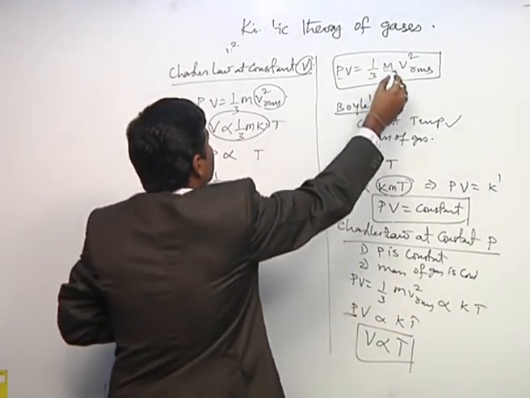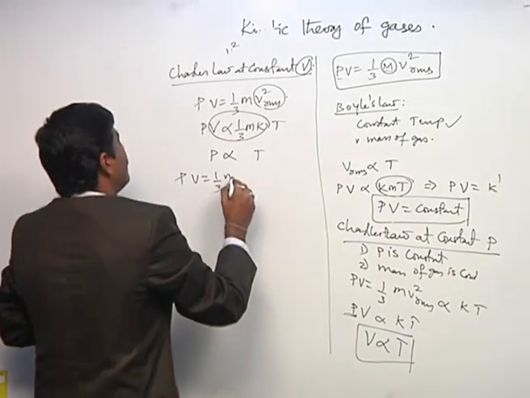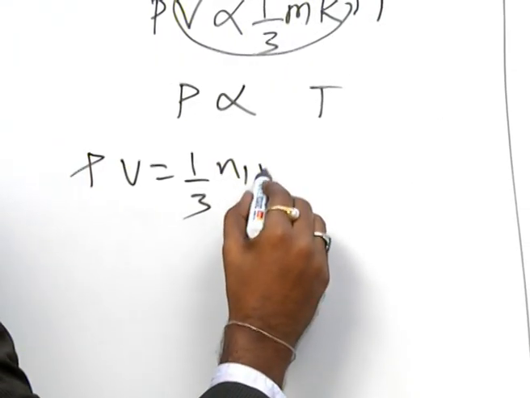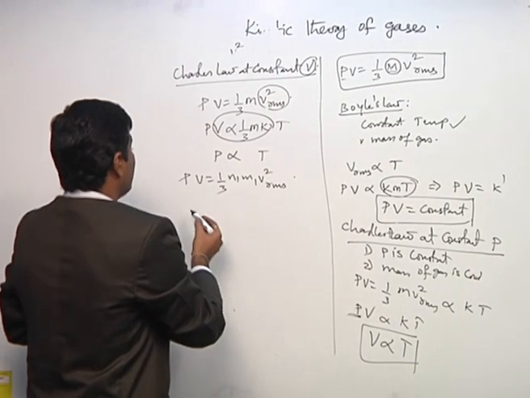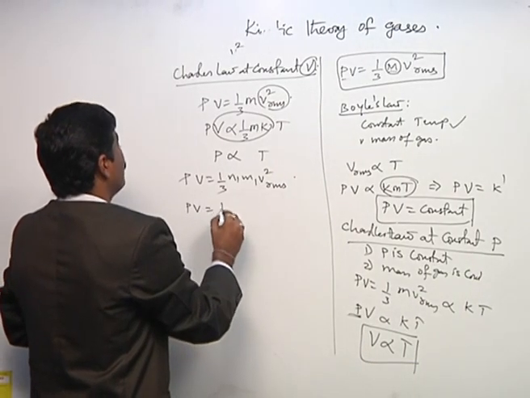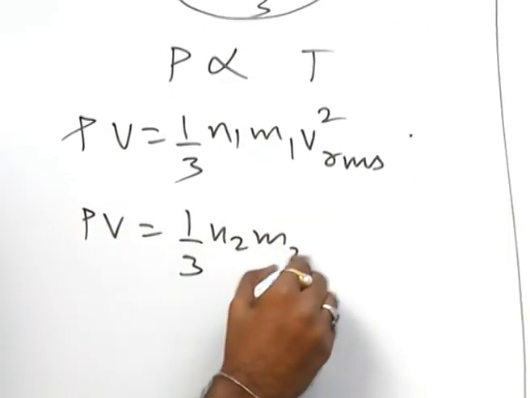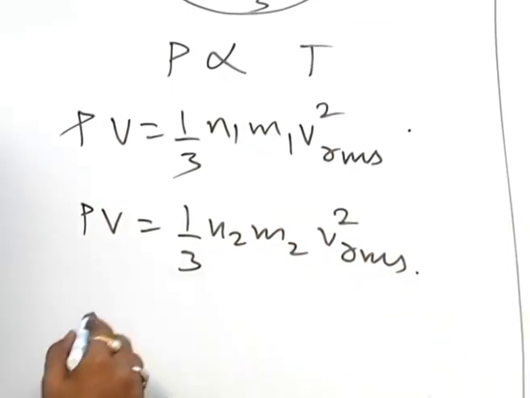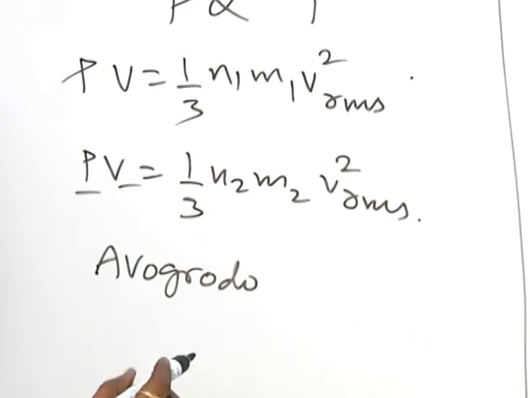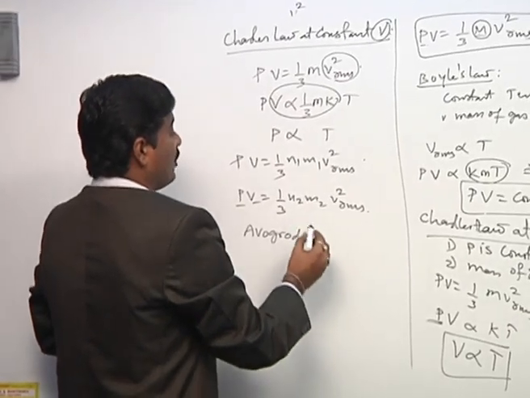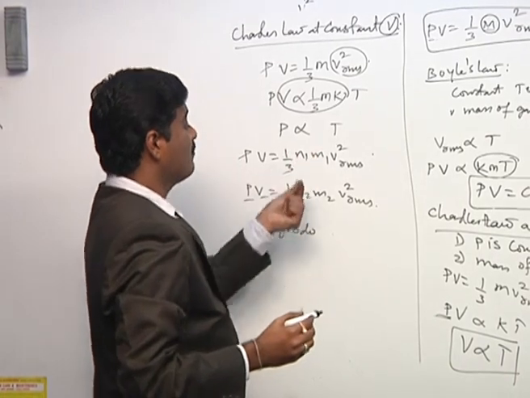This is the total mass of the gas. We can write the number of molecules N1, m1, and V square RMS. See, for another gas we are taking 1 by 3 N2 m2 V square RMS. So our Avogadro's assumptions: same pressure and volume here, at the same temperature, all the gases having the same number of molecules.